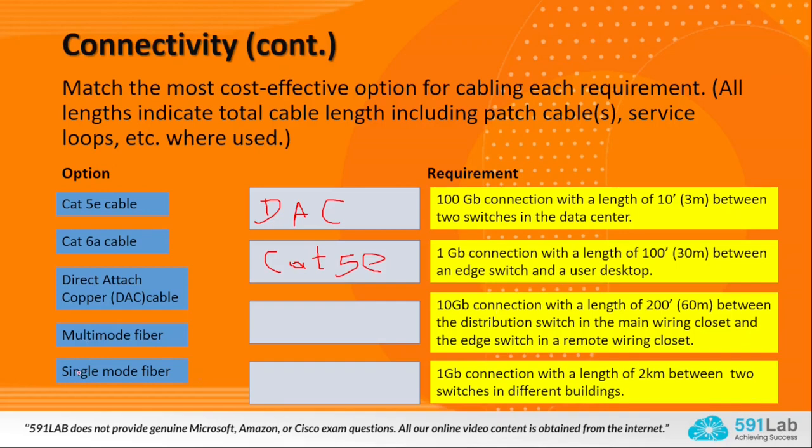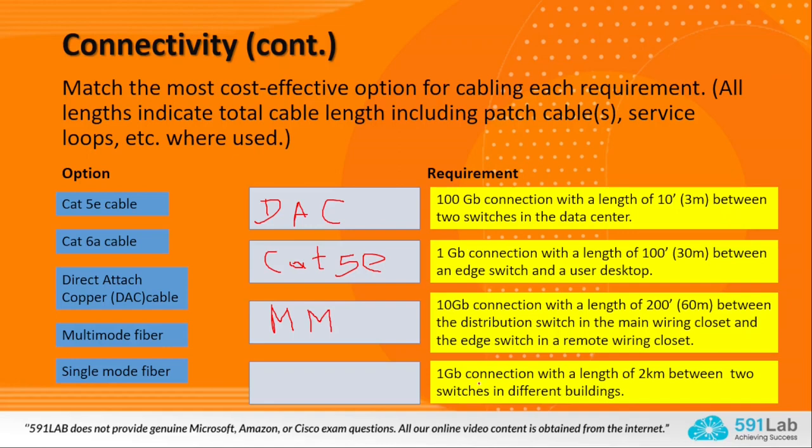But single mode fiber is expensive because transceivers are expensive. So the cheaper option to cater this third requirement is multimode fiber. In multimode fiber for 1G, they can go up to 550 meters. For 10G, they can go up to 330 meters.